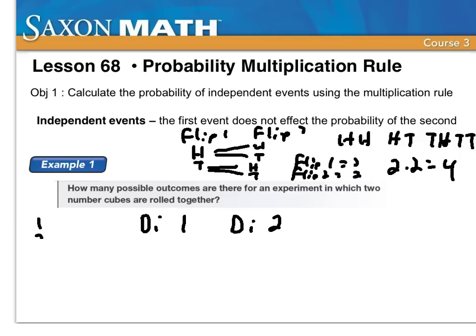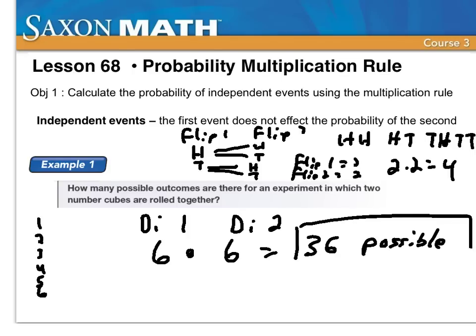I can get a 1, a 2, a 3, a 4, a 5, or a 6. So there are 6 possible things that can happen when I roll die 1. And same thing with the second die, there are 6 possible things that can happen. What I'm going to do to figure out the total number of outcomes is multiply those together. And I'm going to get 36 possible outcomes.